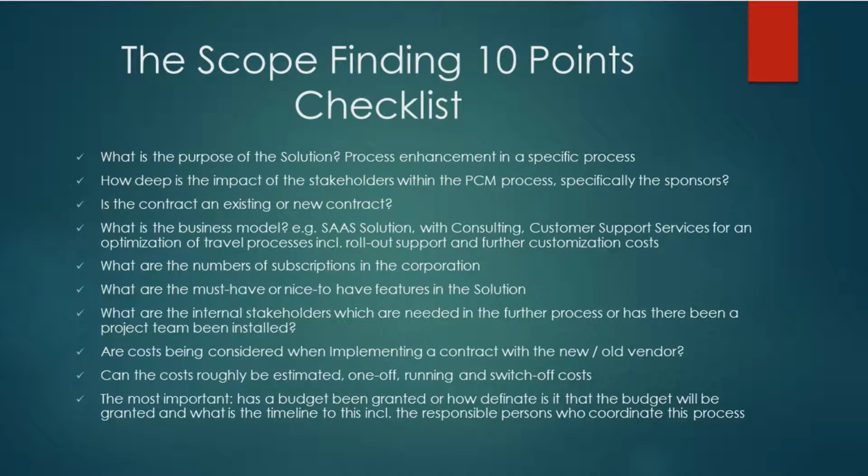Next, we're going to look at the must-have and nice-to-have features in the solution. A must-have is, for example, that you want to book flights over a tool. This could be a must-have. This feature really needs to be in there.